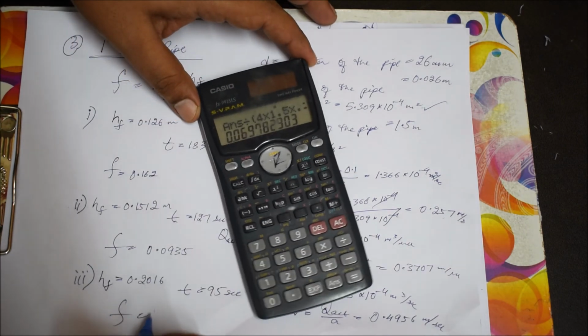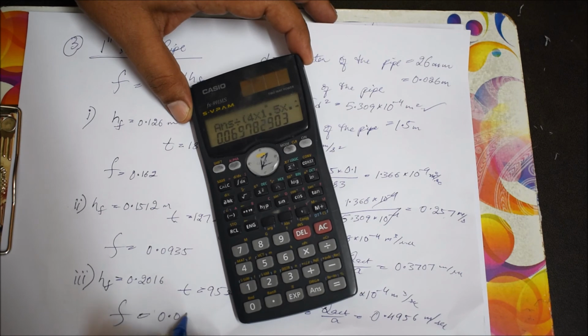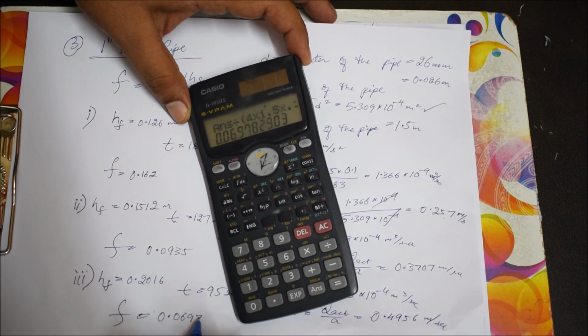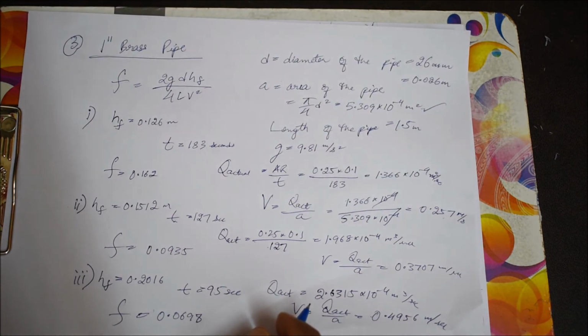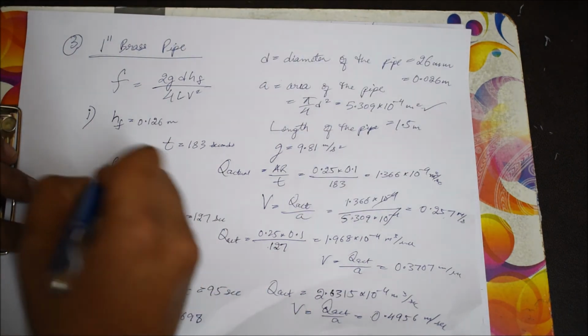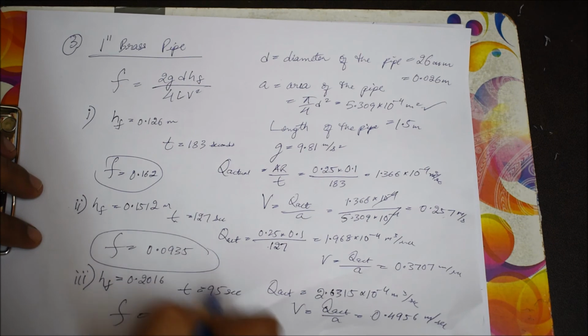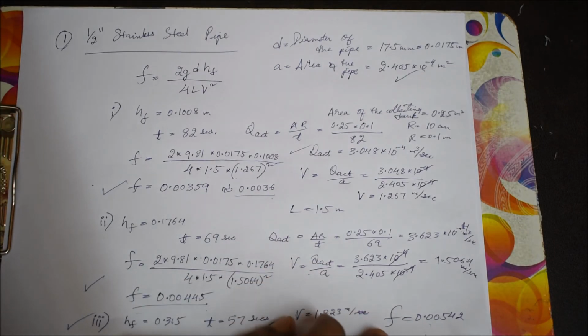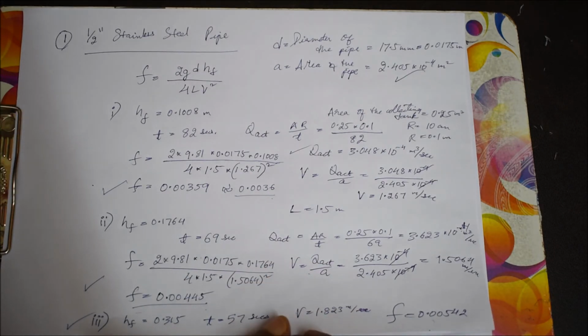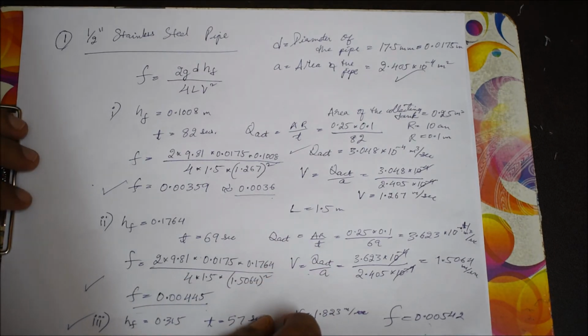So I'm getting 0.0697 or 0.0698. So these are the friction factor values for 1 inch brass pipe. We have got our results of friction factor for all the 3 pipes.